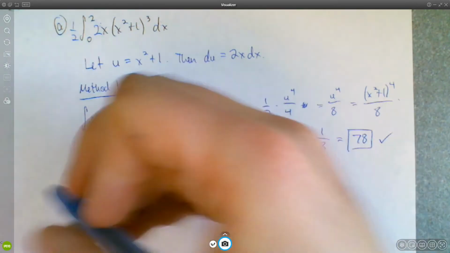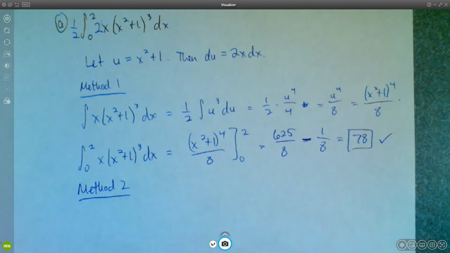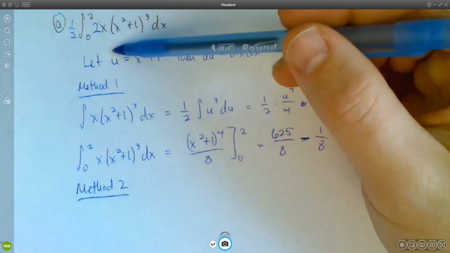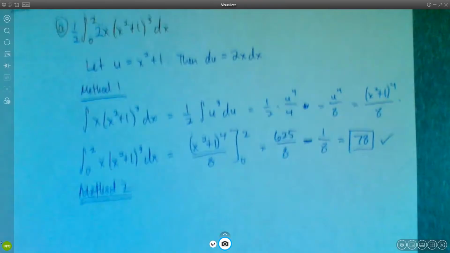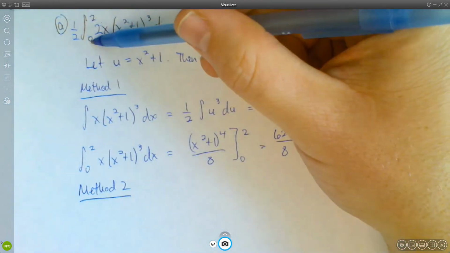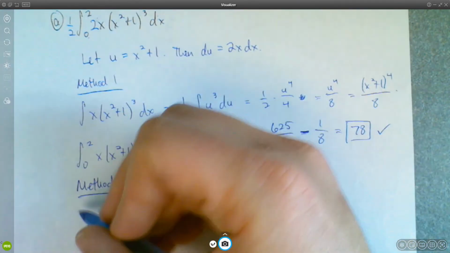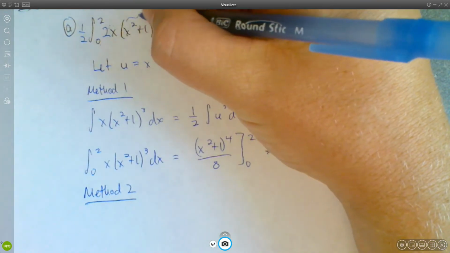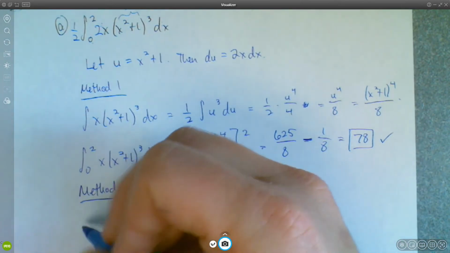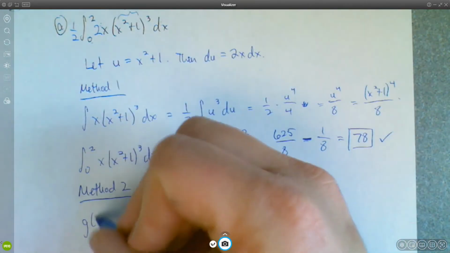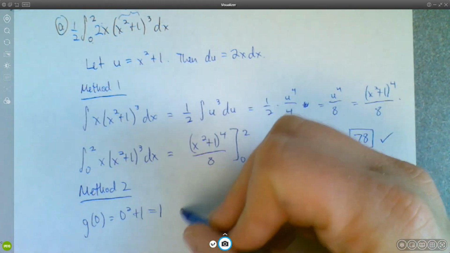Now method 2 would be to just continue on with the u substitution, right? We're going to say, let u be x squared plus 1. Well, if that's the case, then when x is 0, u is going to be 0 squared plus 1, right? So if I call the thing that I'm letting u be g of x, then g of 0 is 0 squared plus 1, which equals 1.